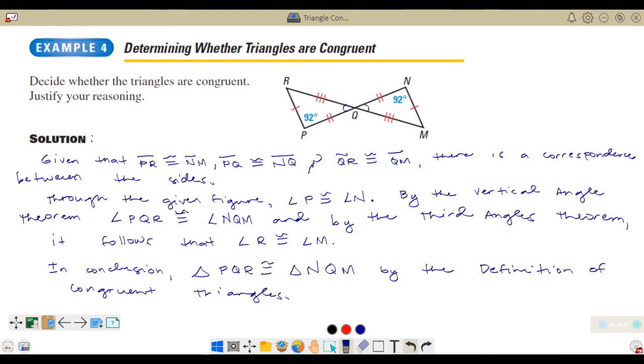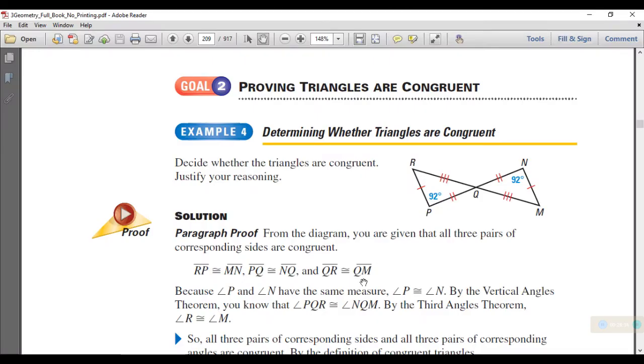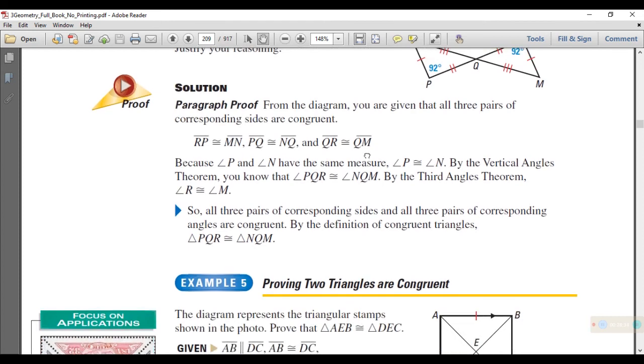Siyempre, meron tayong proof dito na given sa book that is somehow medyo iba dun sa akin kasi hindi kami parehas word by word, pero parehas lang naman yung content. So, from the diagram, you are given all the three pairs of corresponding sides that are congruent.